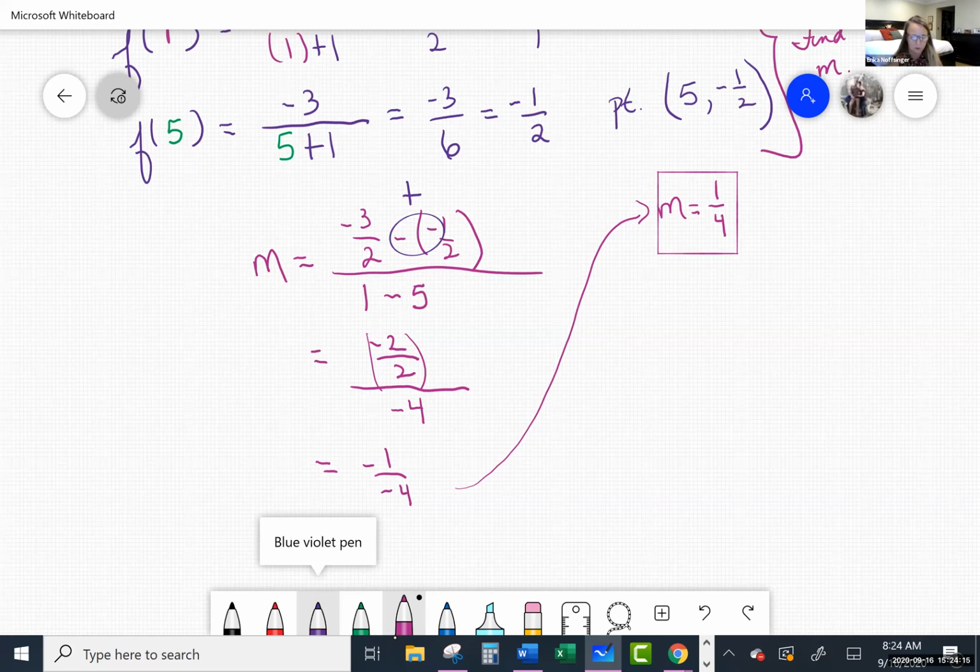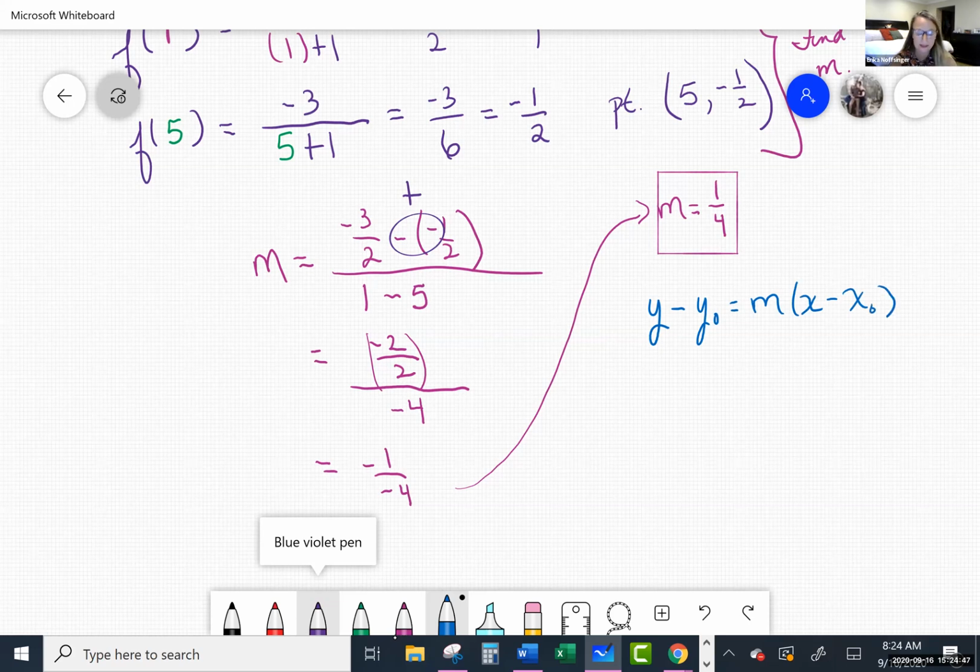Okay, so it didn't want just the slope, it wanted the equation of the secant line. So now with that, we can find the equation of the secant line. I know that your book does it a little differently than I do it. They use the point slope formula, y minus y sub 0 is equal to m times x minus x sub 0. They might write it a little differently.